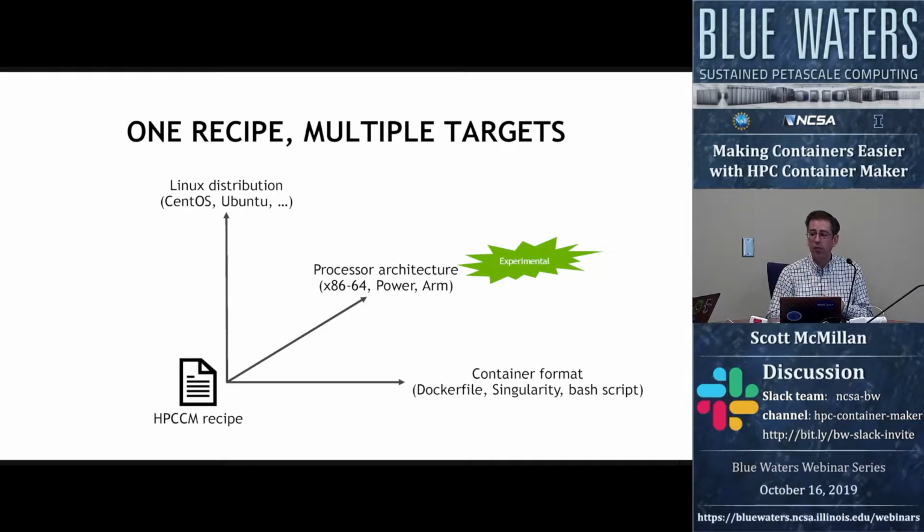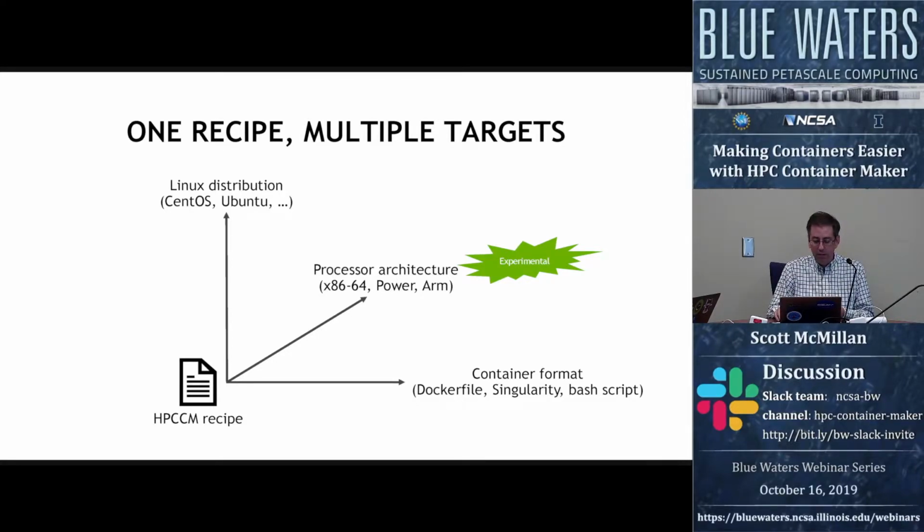So if you pick CentOS, it will use Yum to install its dependencies. If you use an Ubuntu or a Debian-based image, it will use apt-get to install those dependencies. And a new dimension that was just recently added is the processor architecture. We've always just done x86 container images, but now HPCM can also be used to generate Power or ARM container images, all from a single recipe.